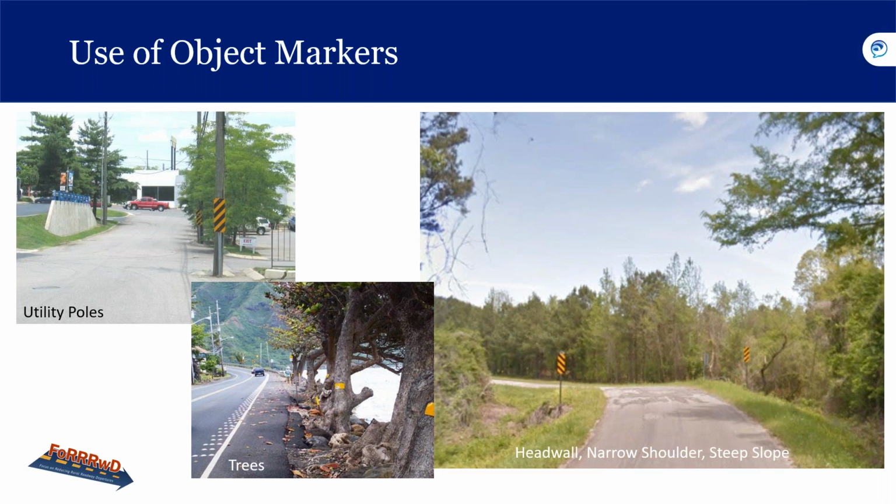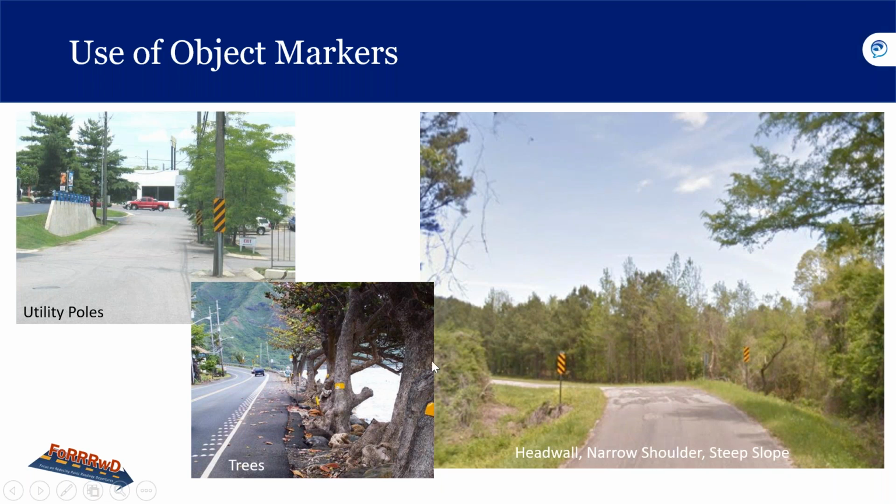In this case, the severe drop off is marked on the left, and both sides of the culvert have object markers. So object markers are very important, especially in cases where we can't do anything else. And it's important that everybody use object markers wherever there is a need for them.